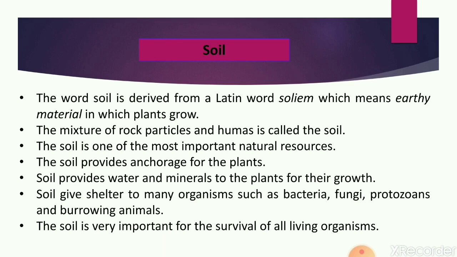This humus is very fertile in nature, so it gives fertility to the soil. Except humus, some inorganic substances are also present in the soil, such as sulfates and nitrates. So they also help in increasing fertility of soil along with humus.